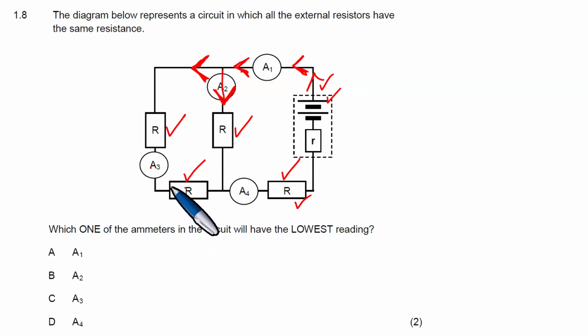And so it is correct to then say that at this point, in 1.8, it's going to be C. It's going to be C exactly. So obviously we agree therefore that at 1.8, this is going to be C exactly. So in A3, you're going to have the lowest possible reading.